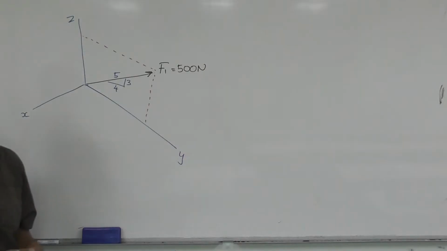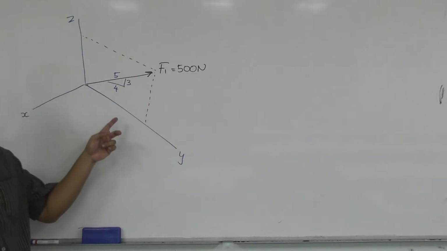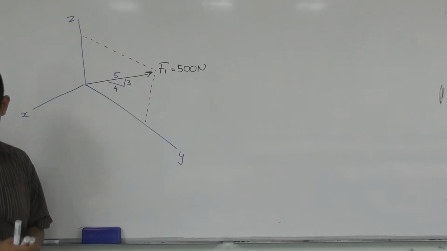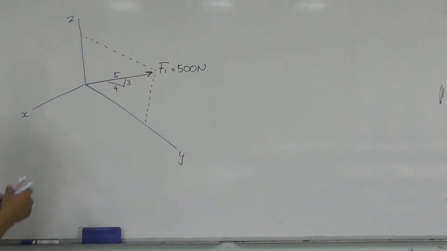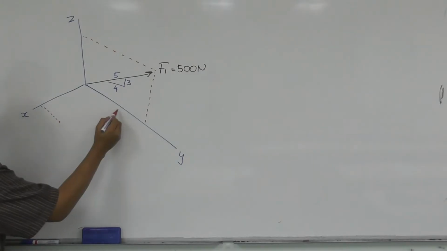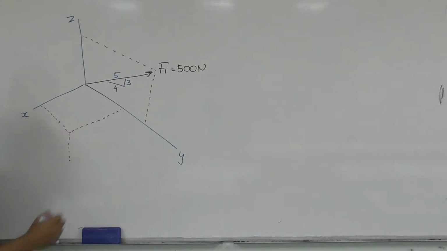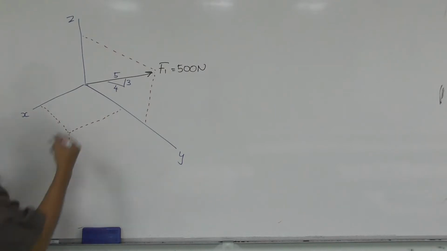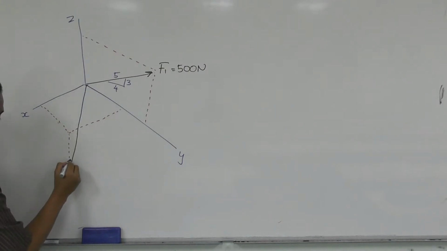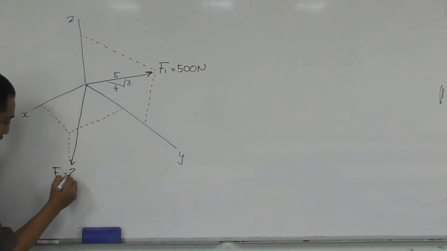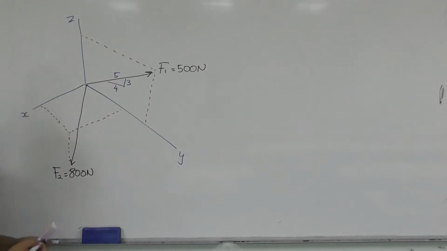Okay, something like that. Of course, you can refer to the actual picture in the slide. And here you have something like this, where this is F2 equal to 800 Newton, right?